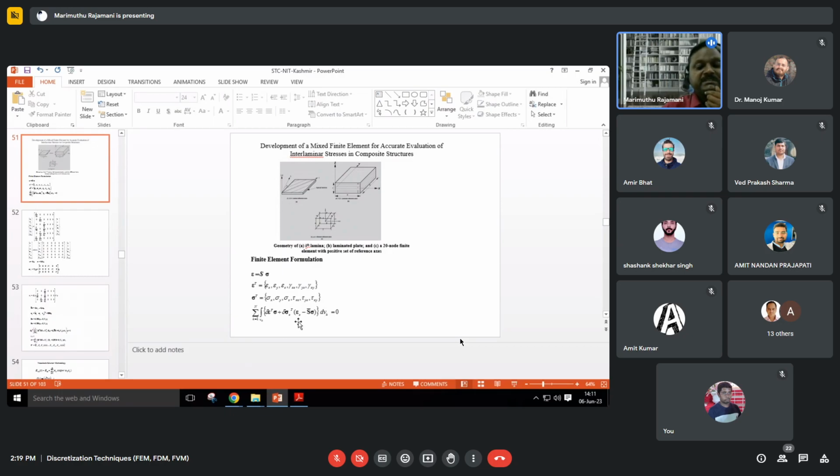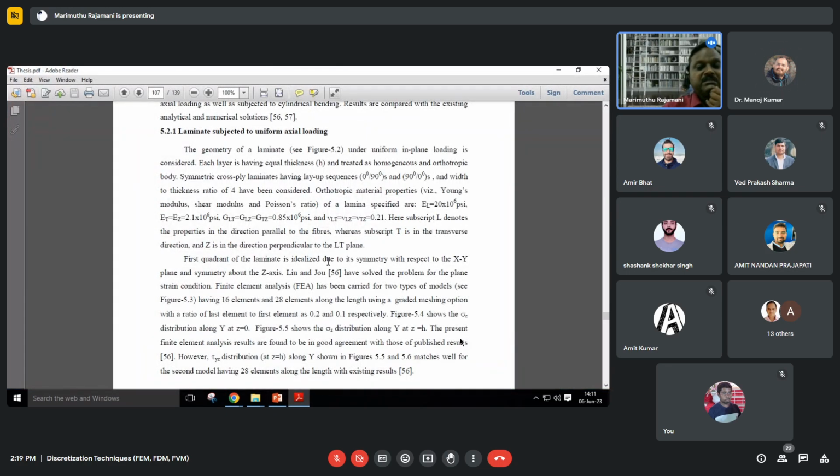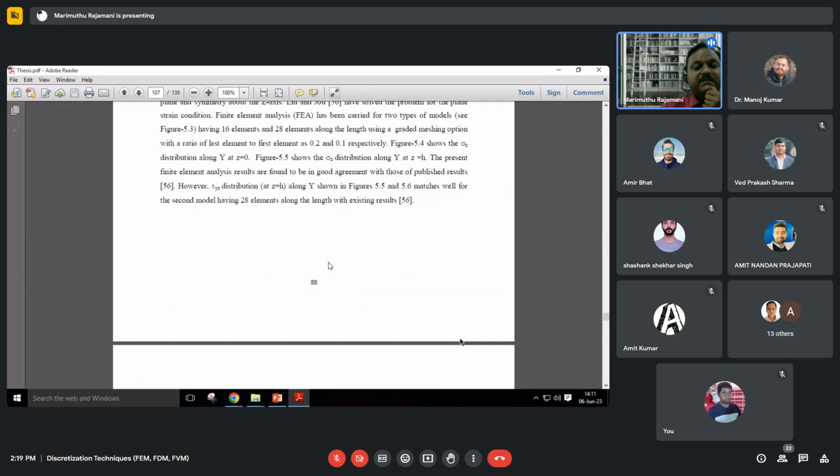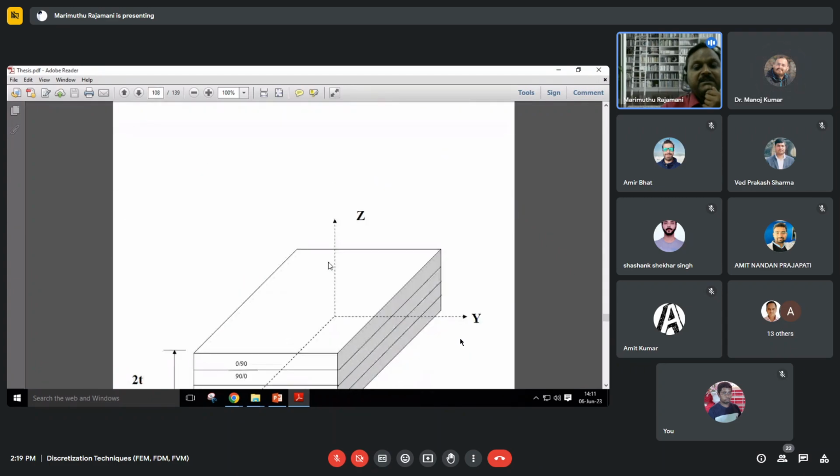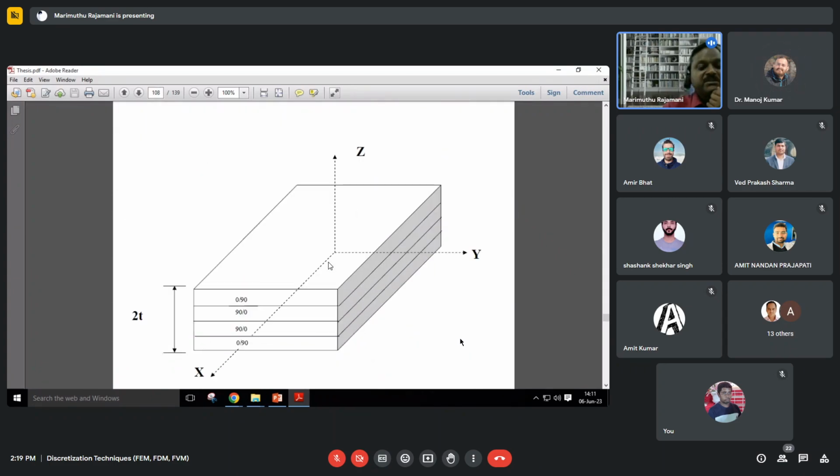Basically, this brings in whatever is required. Okay, if no questions, I take it as understood. So, is this slide clear? Yes, sir. Okay. Now that we know how this formulation works, we have to solve some problem and see.